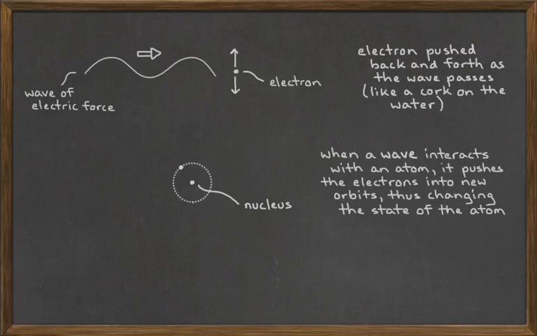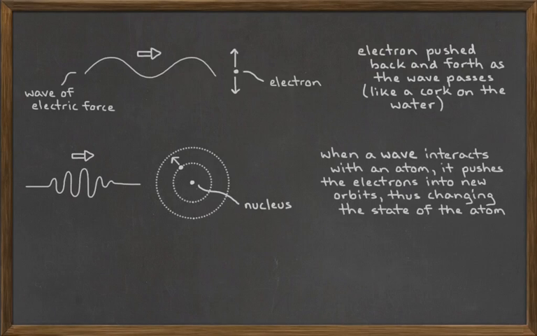And then you've got an electromagnetic wave that's incident on that atom, propagating to the right. What's going to happen is as that wave interacts with the atom, it's going to end up pushing that electron into a different orbit. And hence it changes the state of the electron, or of the atom.